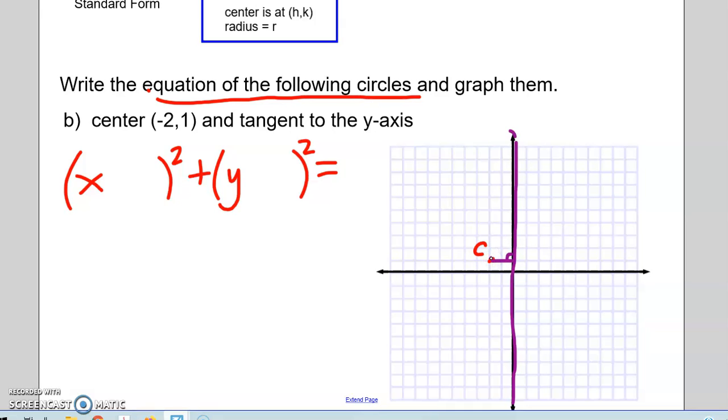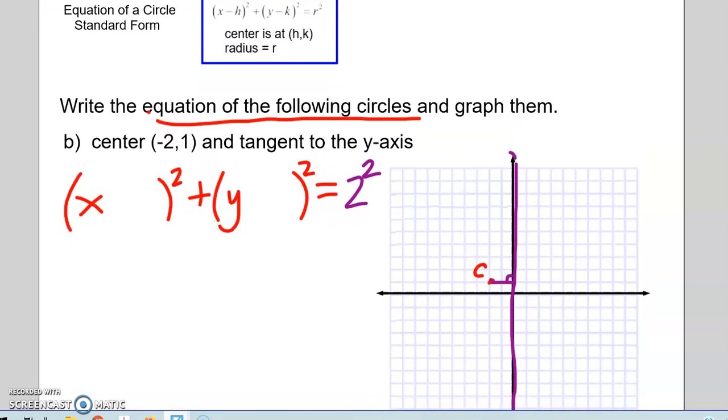So the radius of the circle looks like it's 2 units away from the center, because it's just going to touch that tangent at that point, and then that's the only point on that line that's going to be on the circle as well. So the radius then is 2, and that's squared, right? Remember the form is radius squared for our circle.